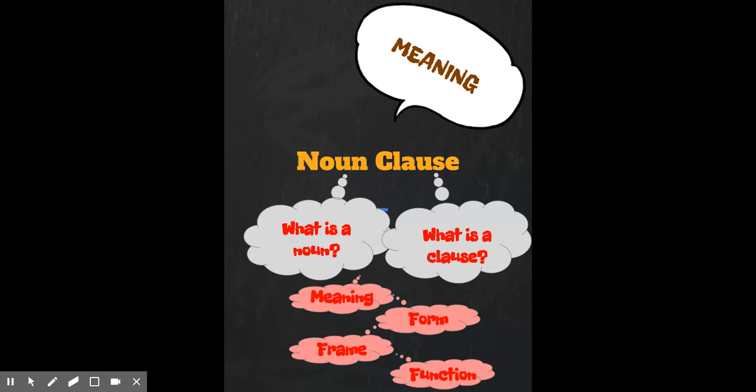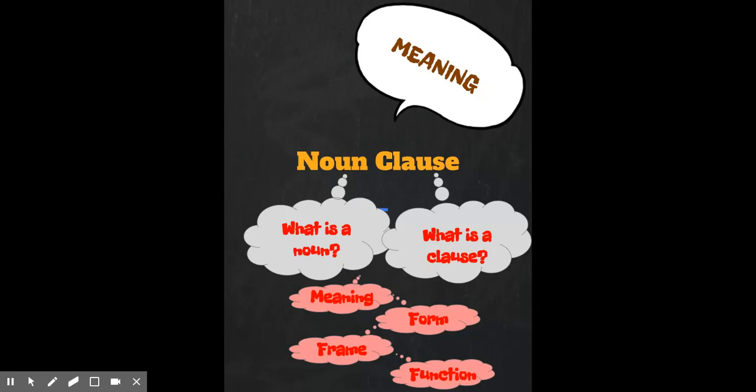What frames a noun in a sentence then is the possessive markers, the apostrophe S, article adjectives. Not always, but when they're there, they represent that a noun is going to follow it.